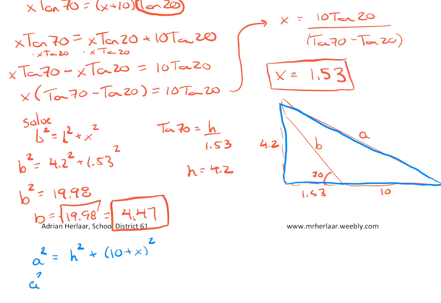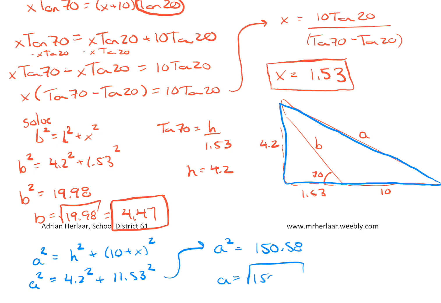And we know all those values. H was 4.2 and X was 1.53. So this becomes 11.53 squared. So A squared is equal to 150.58. So A is the root of that. And that simplifies to 12.3.